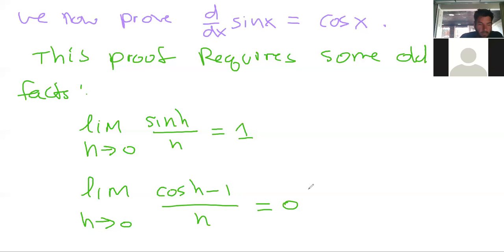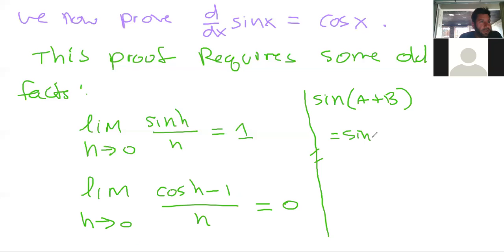And then the last thing we need is a fact from trigonometry that most of us probably don't remember. It's called the sum formula or the addition formula for trig functions. So if you have the sine of a plus b, you can break it as sine of A cos B plus cos A sine of B.